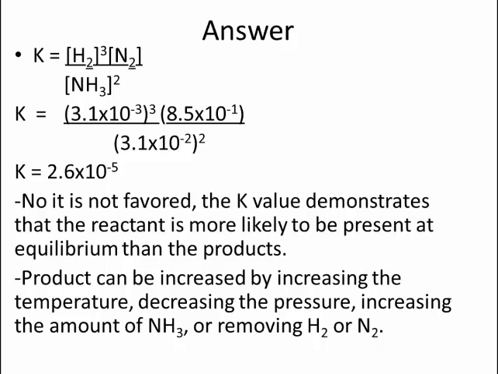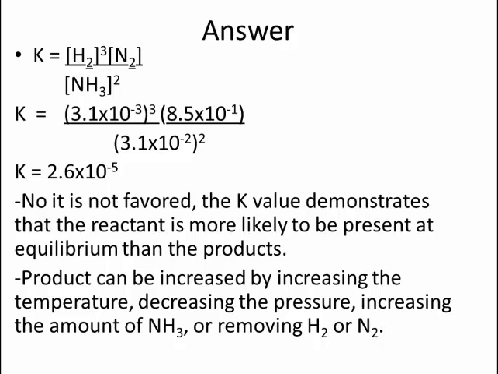So we're treating all of these as elementary equations, so therefore the coefficients will be the superscript numbers in the equilibrium expression. So we're not worried about mechanisms here, even though the equilibrium is coming from the rates. So we have hydrogen cubed times the concentration of nitrogen divided by the concentration of the ammonia squared.